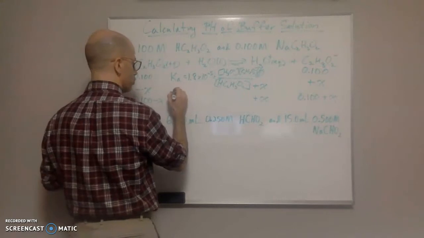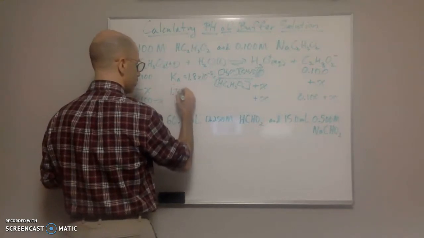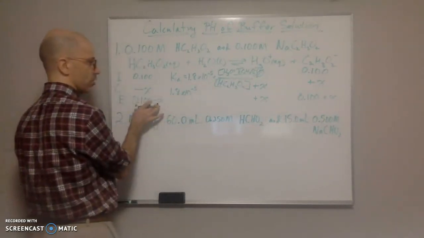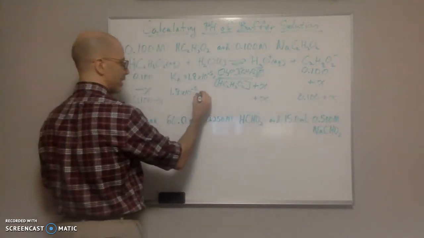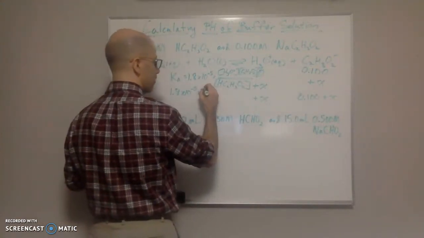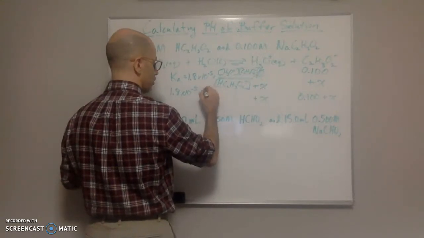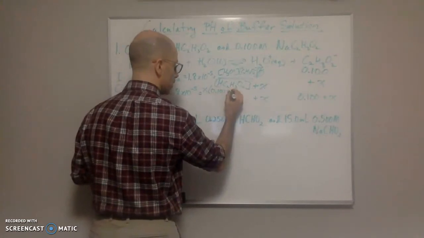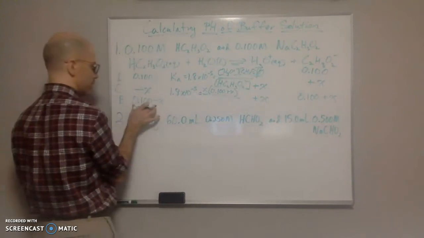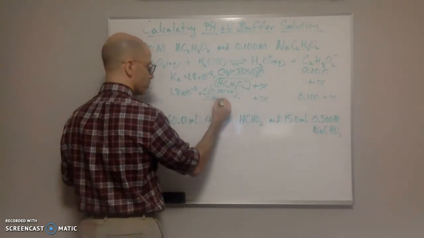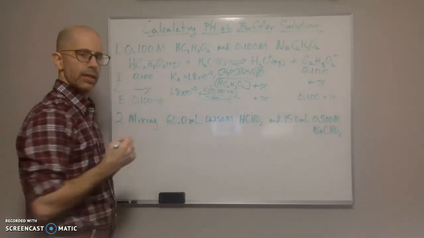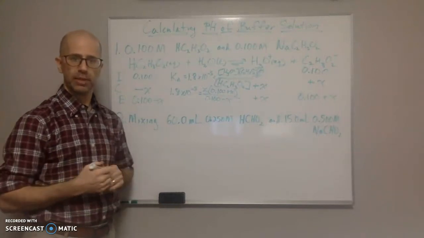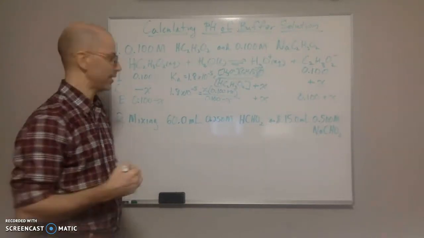And so all we need to do is put 1.8 times 10 to the negative 5 and put our equilibrium expressions in there. So here we're going to have x times 0.100 plus x over 0.100 minus x. And then we can do the x is too small approximation to simplify it, and then we'll check to make sure that that approximation is valid.